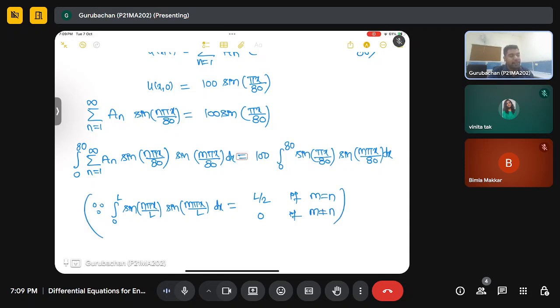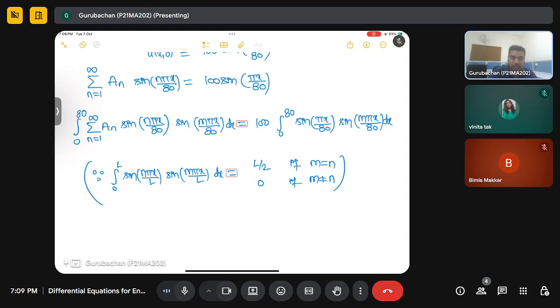So the left hand side integral only makes sense when m equal to n. So this integral is a_n times 80 by 2 when m is equal to n.